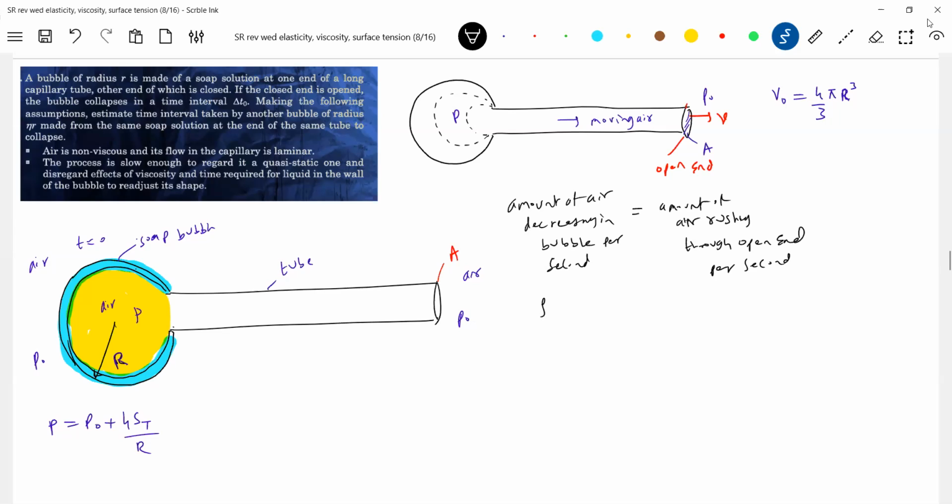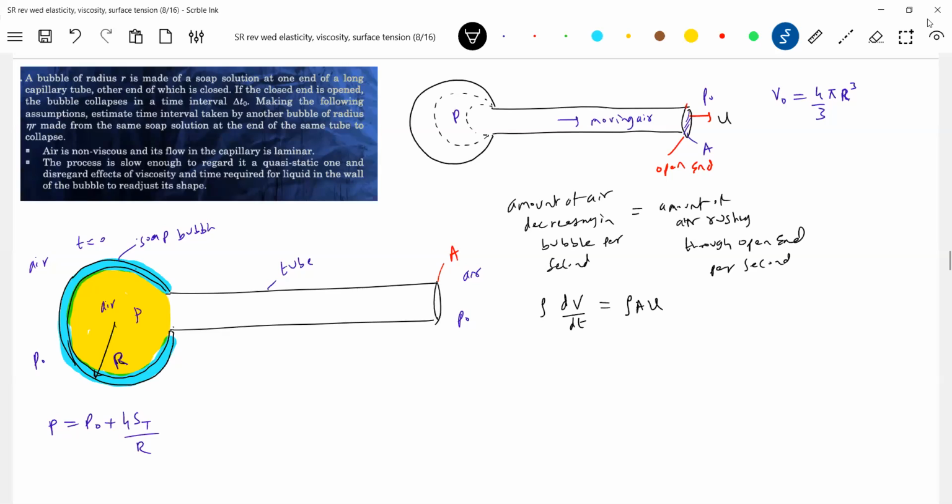So this should be equal to rho into change in volume dV by dt. Shall I use U here, because we will be using V for volume. So dV by dt is the rate of change of volume, density into rate of change of volume. What shall I write here? Rho into flow rate. Density into flow rate will be the rate of mass, no? So it should be area of cross section into U.